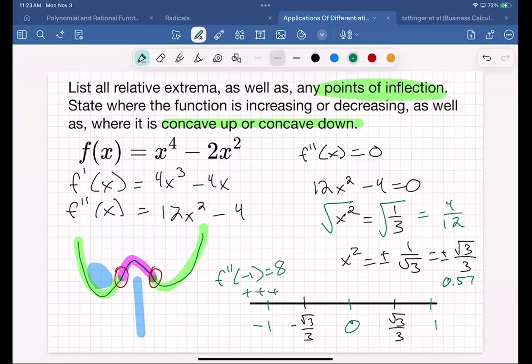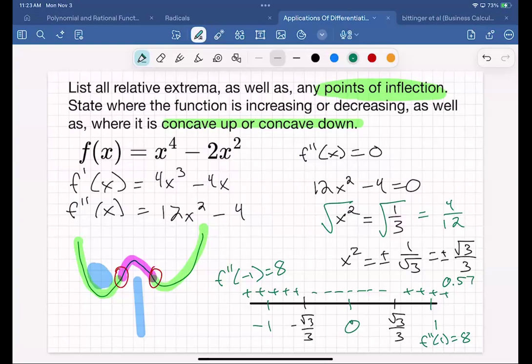Just make sure you understand again, it didn't matter what number we picked in there, the result is always going to be positive. If I plug in 0, we're going to get -4. So these would be negative no matter which one I pick. And if we plug in +1, we're going to get a positive output again. You'll see here that for that second derivative, that gives us a positive 8 again.